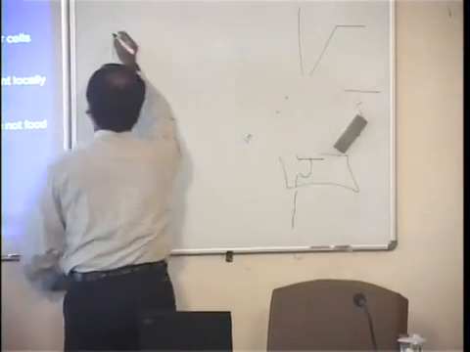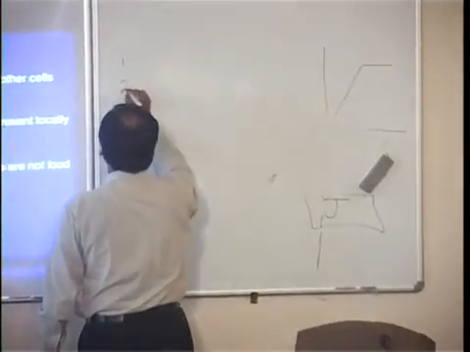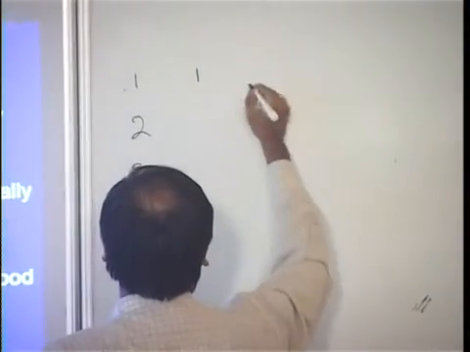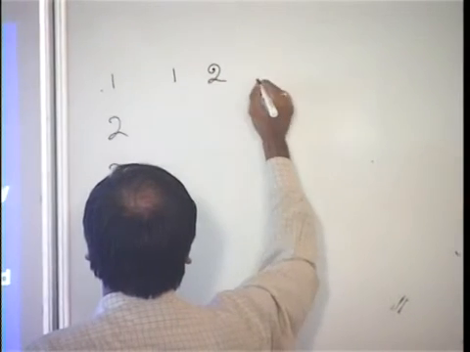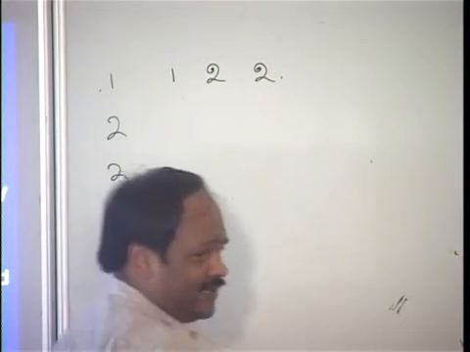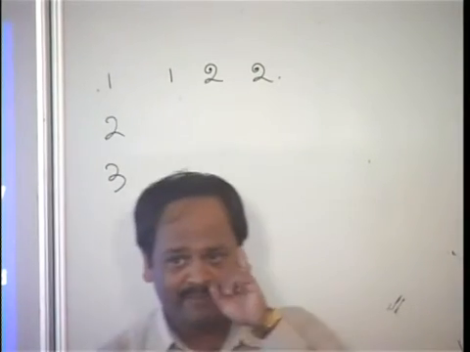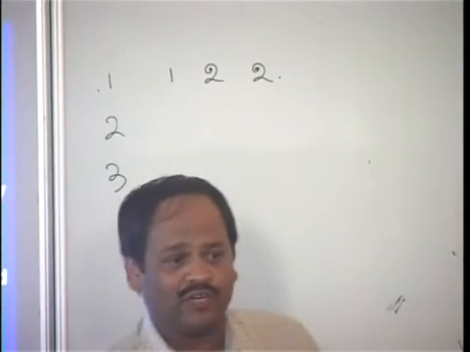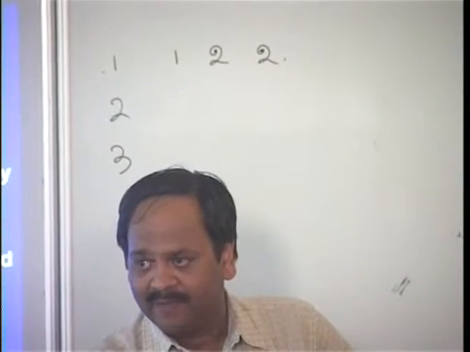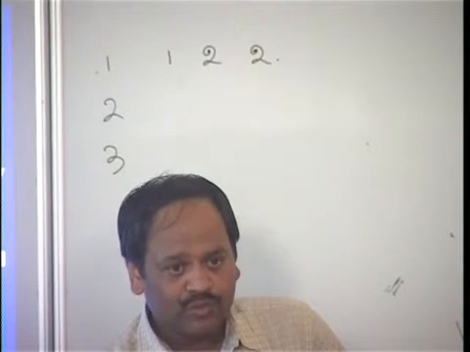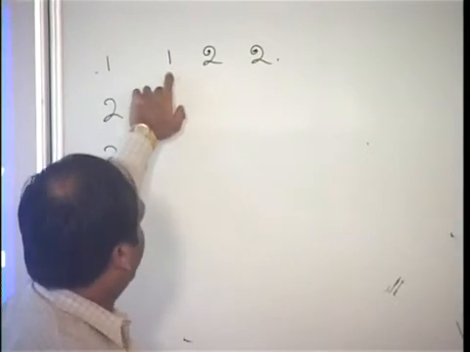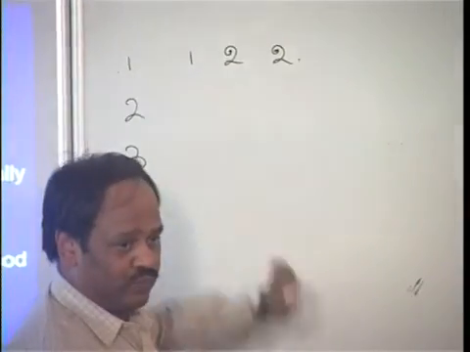And there are 3 bacteria, 1, 2, 3, and this is having 1, 2, 2. Remember, I am going for a minimization, so I should consider the bacteria having the minimum amount of food.